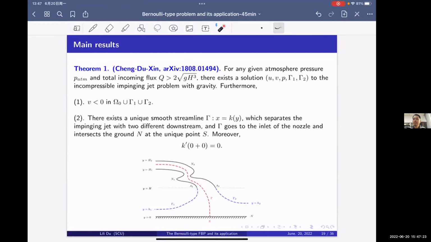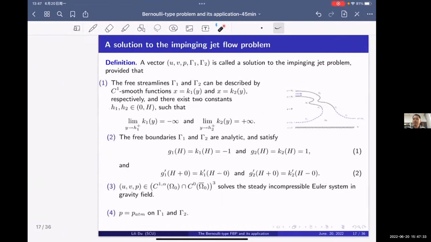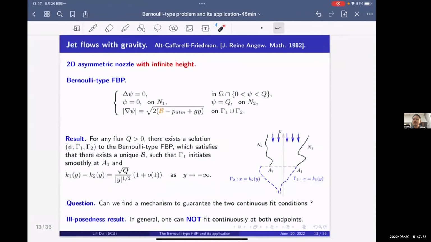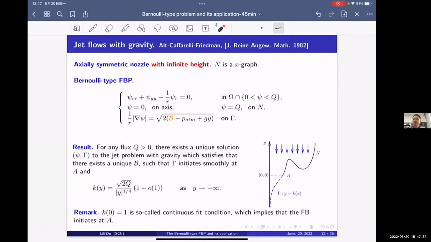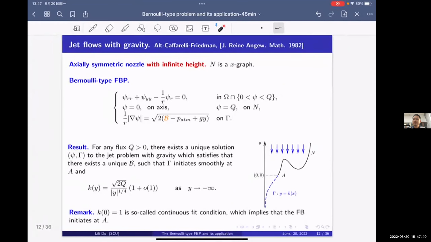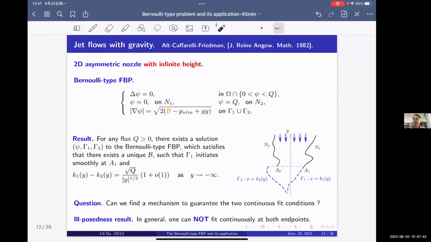Lili, can you illustrate a little bit why in Caprari's original work, in the two-dimensional and symmetrical case, you cannot fit? What is the key issue there? Why does gravity make it impossible to fit? I think maybe the problem comes from they assume that the LOZO has infinite height.